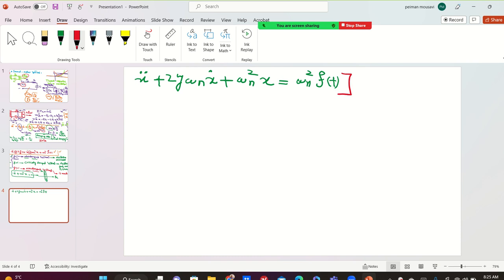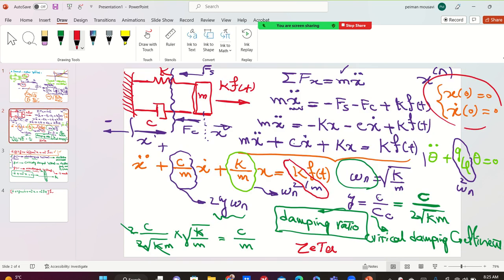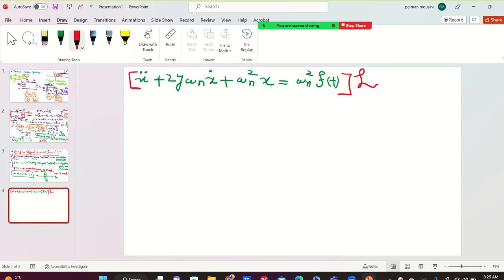So if I apply the Laplace transform, knowing that the initial conditions here are 0, the Laplace of x double dot, based on whatever I taught you, is s squared x of s, and the rest is 0 because the initial condition is 0, plus 2 zeta omega n s, the first time derivative, x of s.